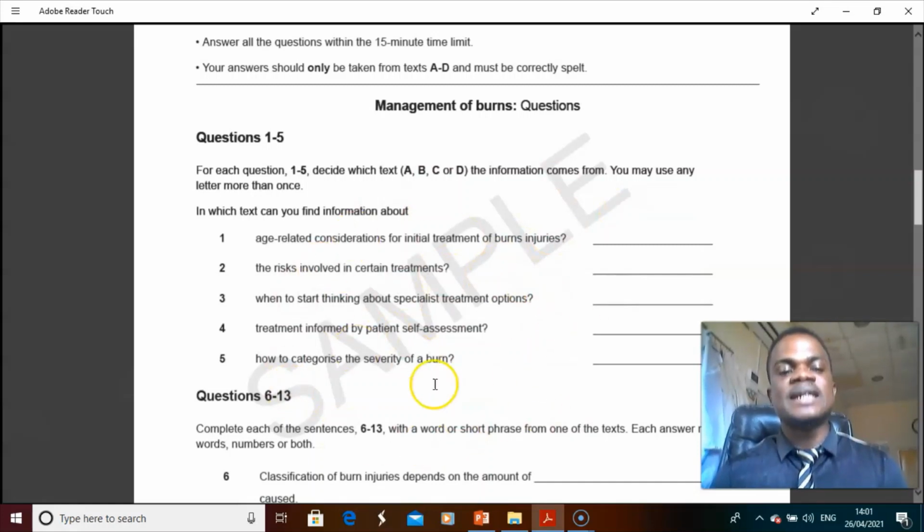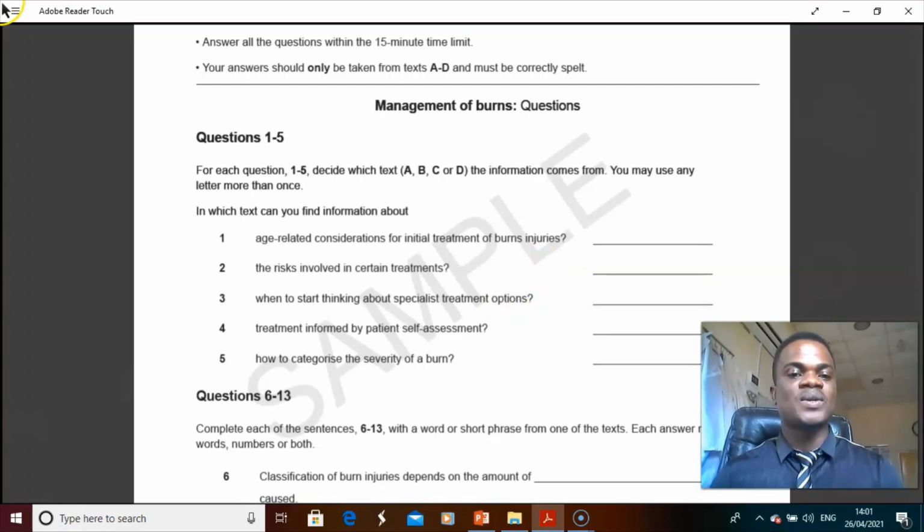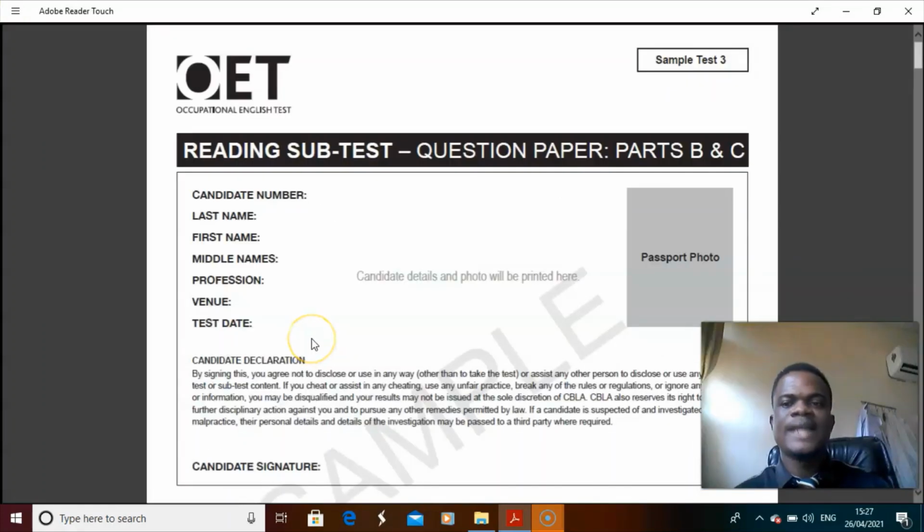And this part A is the rate limiting factor. It is the part that determines whether you will pass this test or not, because you just have 20 questions that you can easily get the answer to without thinking too much, unlike in part B and part C, where you have to think and analyze. Getting your scores in part A is very, very easy.